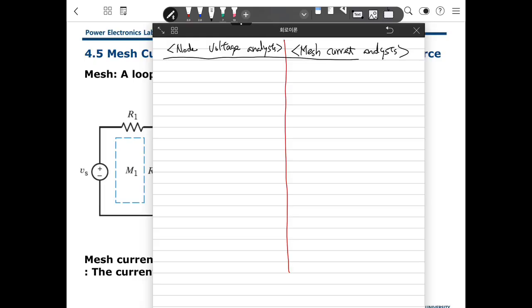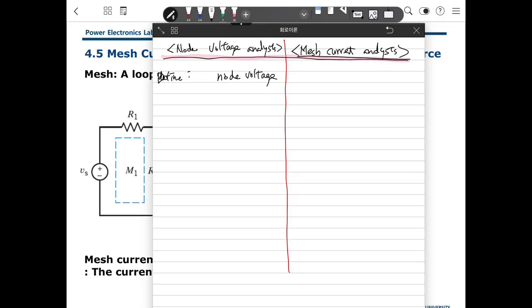To analyze the electric circuit, we should define the voltage and current of the elements. In node voltage analysis, at first we define what? We define the node voltage.